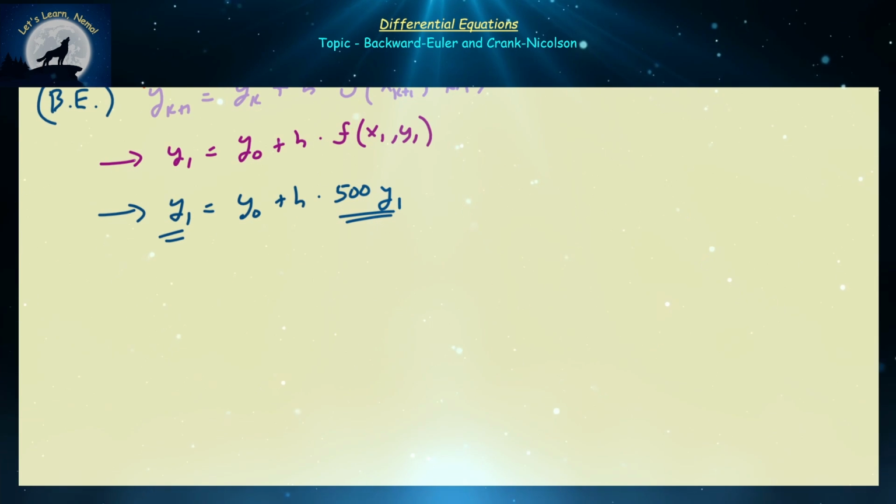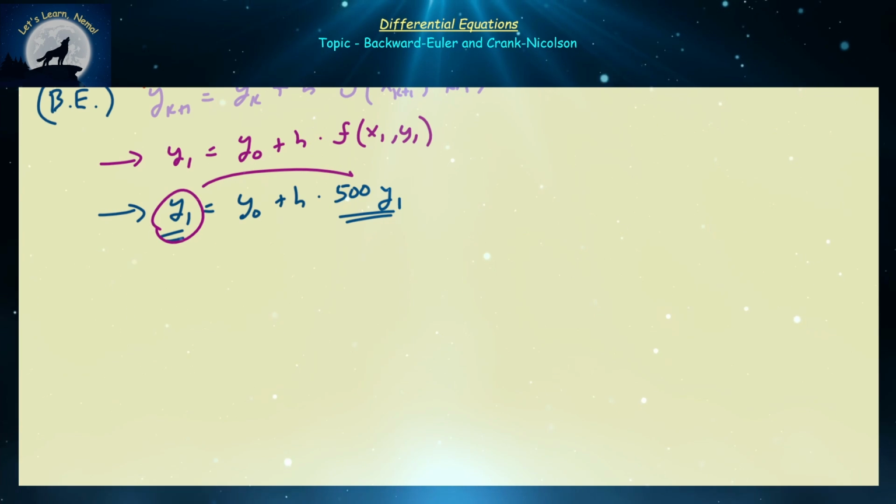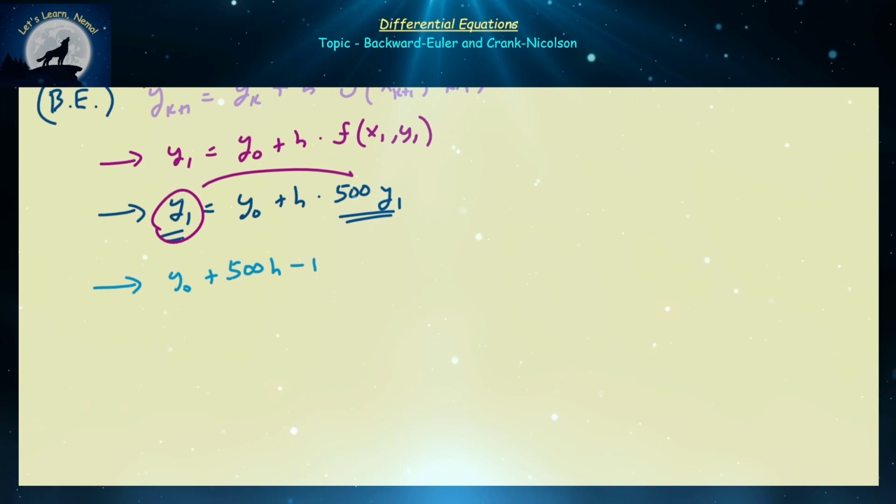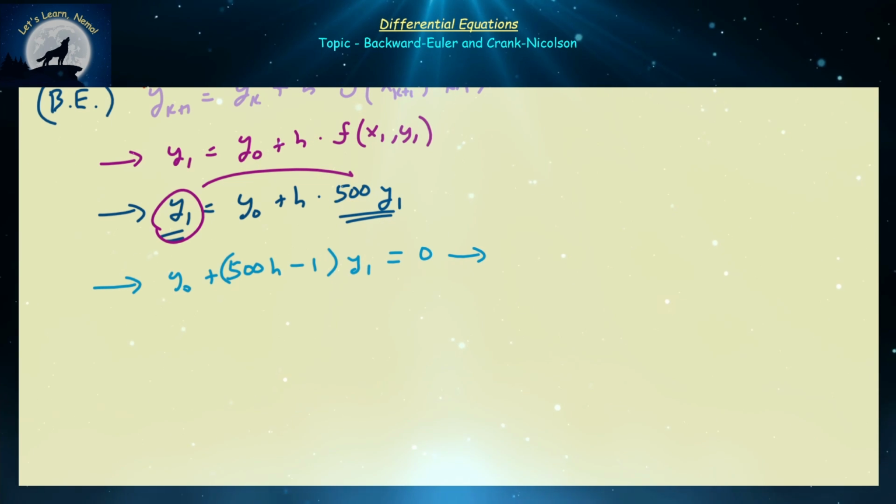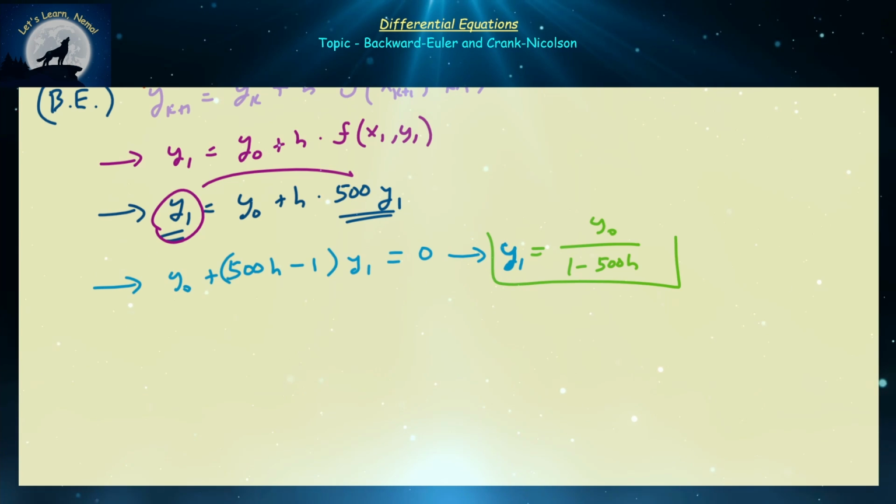Once we isolate things, in particular we move that particular term over, we're going to get what? We're going to have y0 plus (500h minus 1) times y1 equal to 0. So we can isolate this for y1. y1 will be equal to, let's do y0 positive, all over 1 minus 500h.